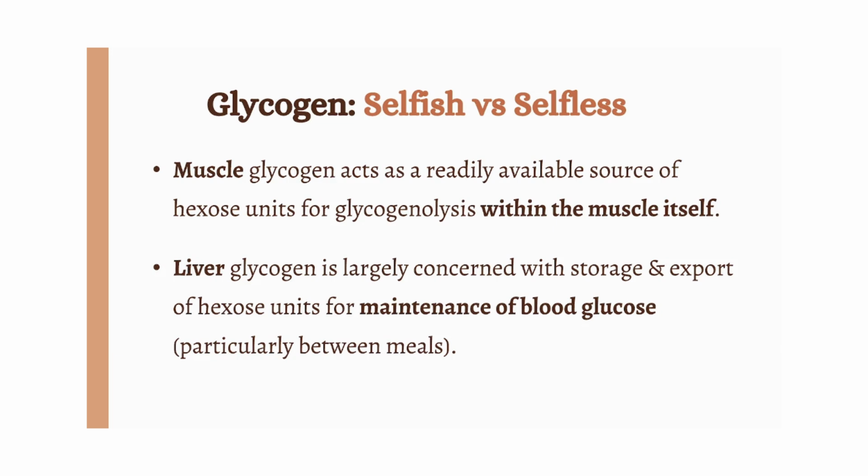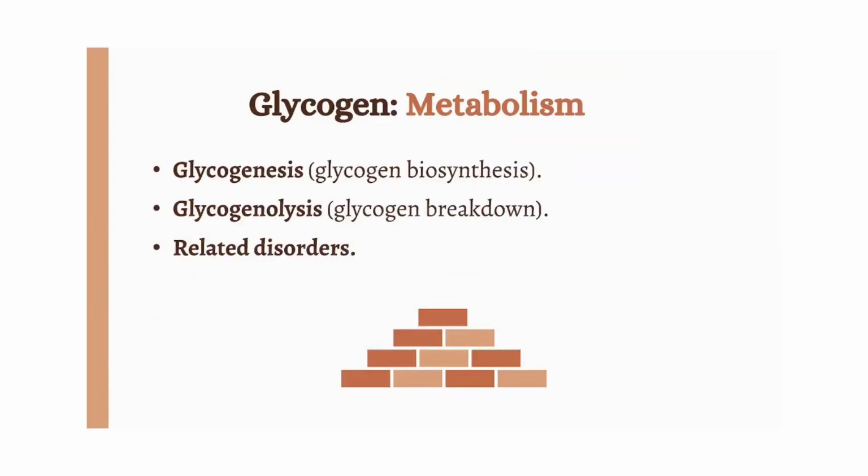So it will be released into the circulation to reach whichever organ or tissue or cell needs it. The liver is selfless. It avails its glycogen for whichever needs it, while muscle glycogen is reserved for muscle use only.